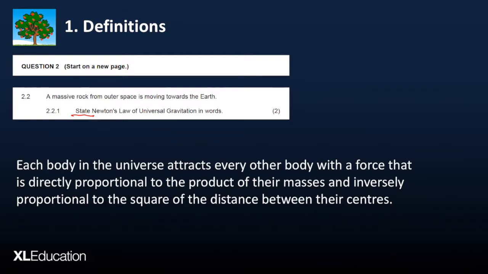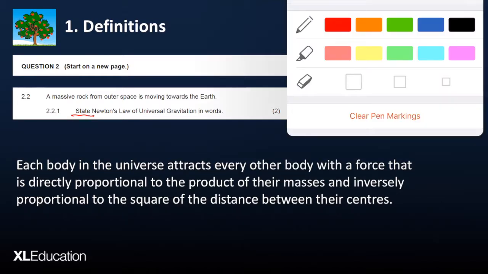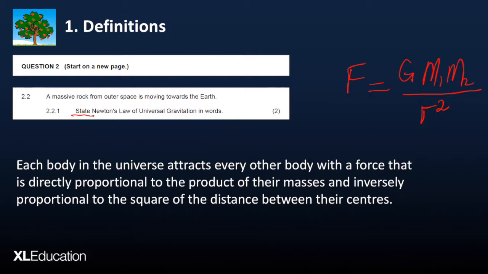Each body in the universe attracts another body with a force that is directly proportional to the product of the masses and inversely proportional to the square of the distance between their centers. I'm actually putting that one in terms of the mathematical expression. So this basically gives you an overview, and that would even help you to make your life easy.